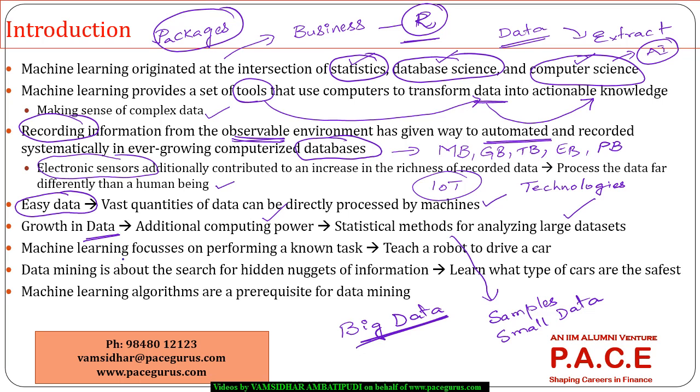And here is where various mechanisms have come into the picture, and I really want to differentiate between two important terms at the beginning itself. One is machine learning, two is data mining. In machine learning, I know a task to be performed, and I am only teaching that particular task to my machine.